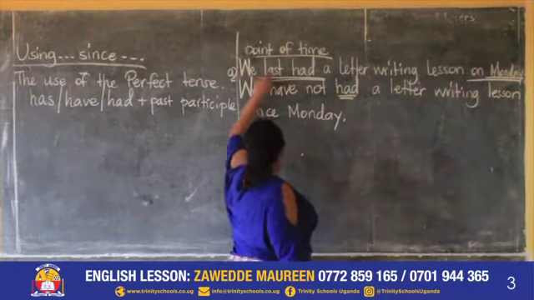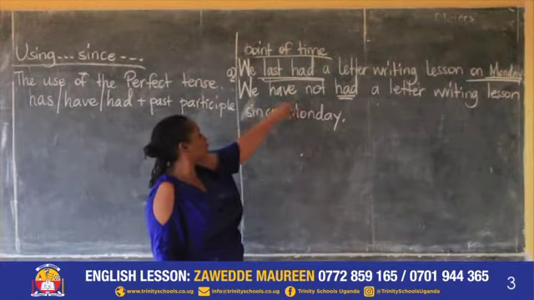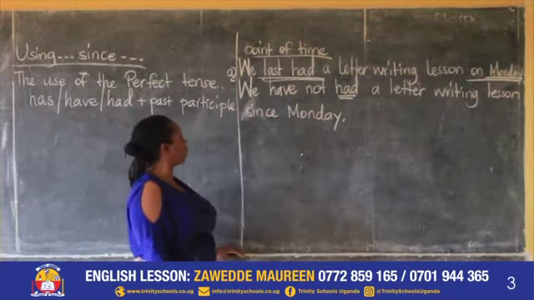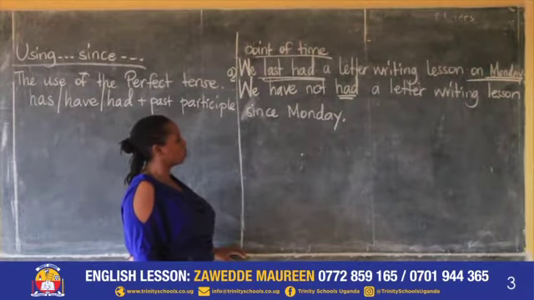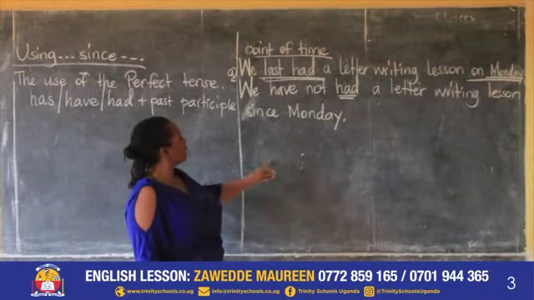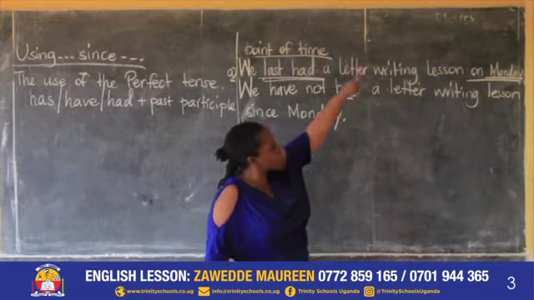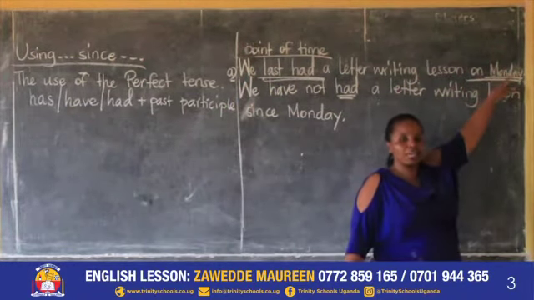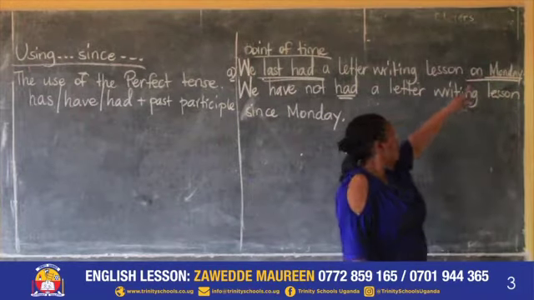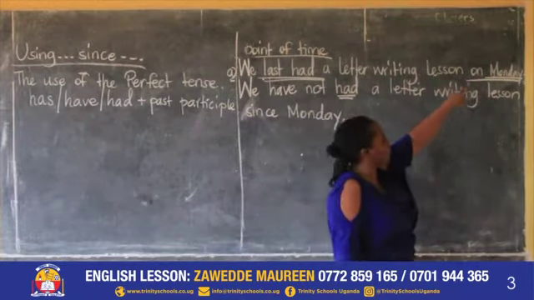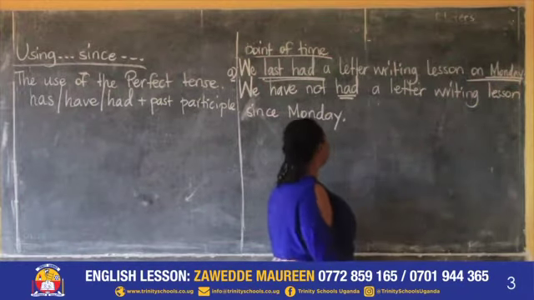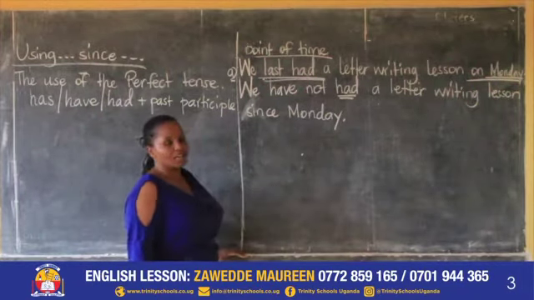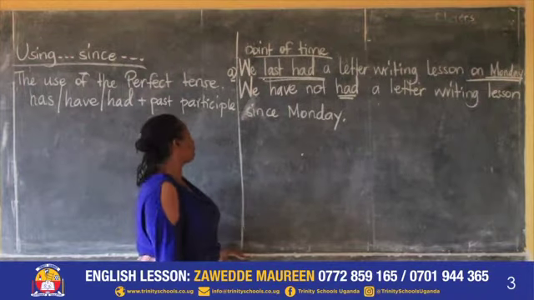So this word last is the one that is expressing this negative to say we have not had a letter writing lesson since Monday, because we last had it on Monday. So since this point of time Monday, we have not had a letter writing lesson.